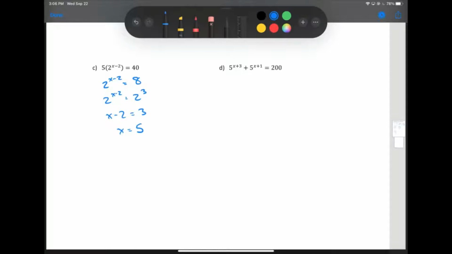Well, I'm going to undo that here, and I'm going to rewrite 5 to the x plus 3 as 5 to the x times 5 to the 3. And I'm going to write the second one, 5 to the x minus 1, as 5 to the x times 5 to the 1.